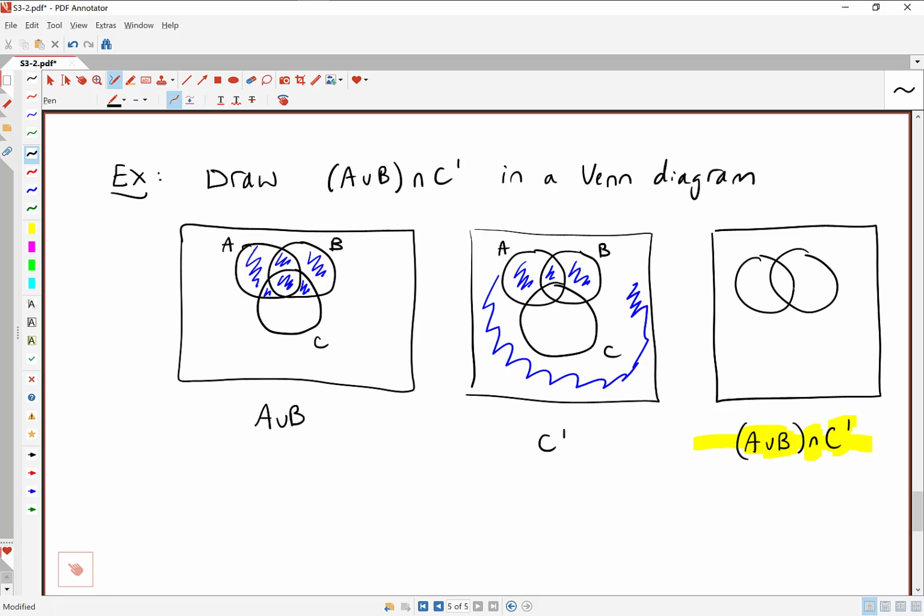And being the key word because it's an intersection. So which regions are shaded in both diagrams? It's the 3 regions near the tops of the circles. So there we go. That's our Venn diagram for A union B intersected with C complement.